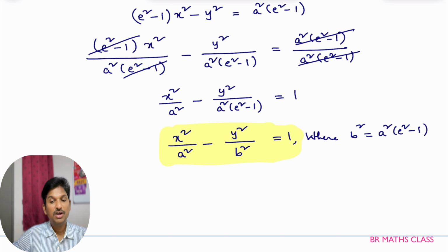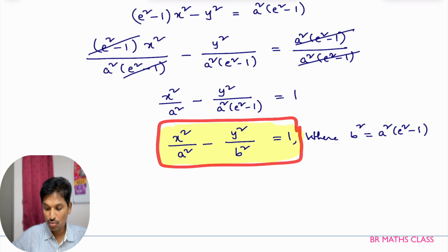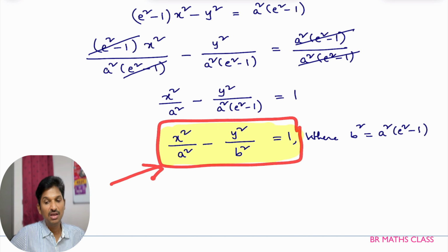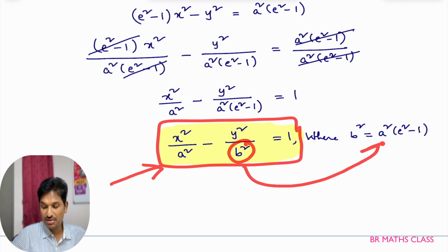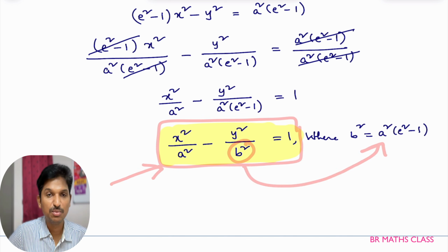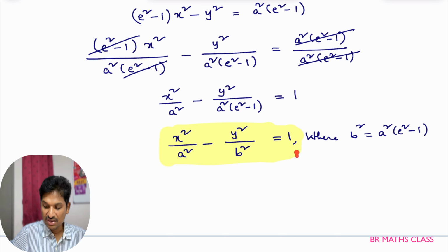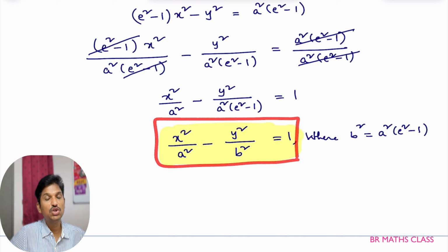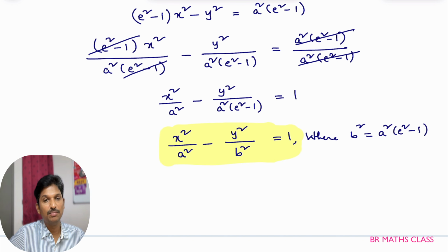So x square divided by a square minus y square divided by b square equal to 1. What is this? This is the equation of hyperbola. In this, what is b square? B square is a square into e square minus 1. So from now onwards, this is called the equation of hyperbola in standard form.